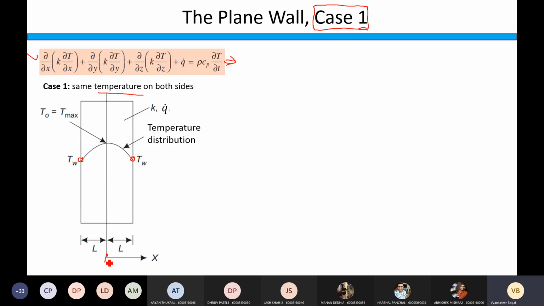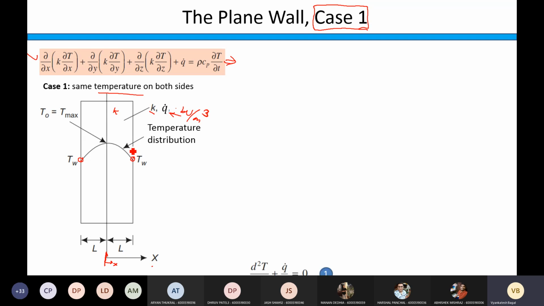So x is measured from this center line, and in this direction, x is positive. Clear? And then k is the thermal conductivity of the material, and this q dot is the volumetric heat generation rate. So unit of q dot is watt per meter cube. So you can have systems where there is internal heat generation. You have to account for that, right?